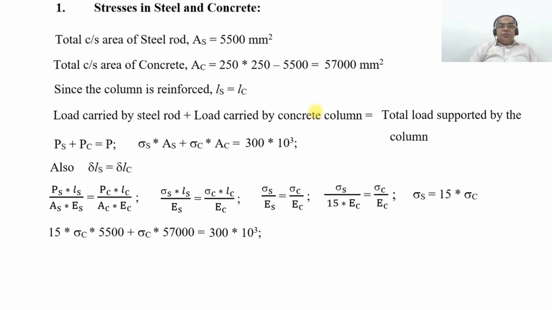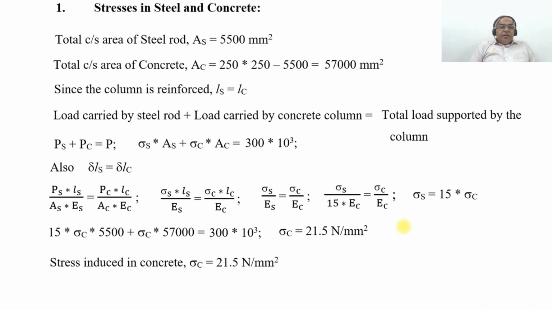Now you substitute 15 times sigma C in this equation, that is, sigma S as 15 times sigma C into the area of steel, 5,500, plus sigma C into 57,000, equal to 300 into 10 to the power of 3. On simplification, you will get sigma C as 21.5 Newton per mm square.